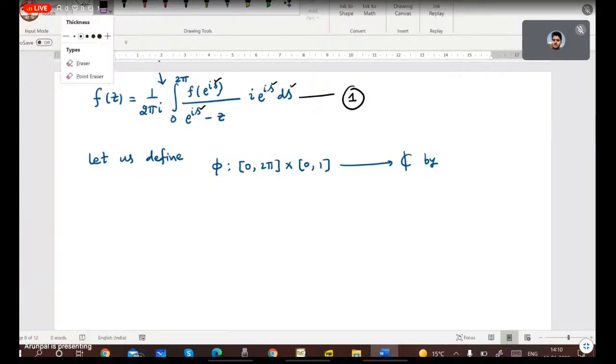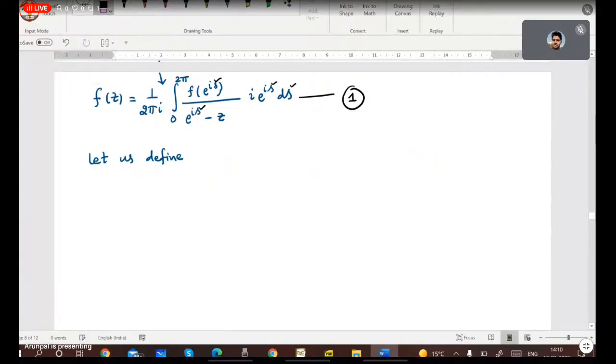it's a bad way of writing, you will get confused. Define phi from 0 to 2 pi cross 0 to 1 into c by phi of s comma t is equal to, so now it is clear that s is coming from here and t is coming from here. And how we are defining this function class?